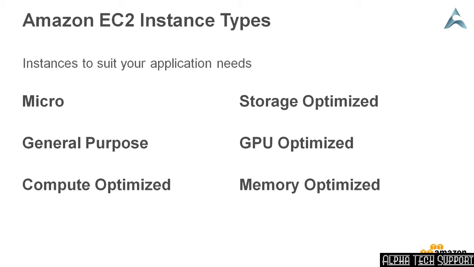Or if your application needs a huge chunk of data kept in RAM, memory optimized. Or otherwise, if you have not yet decided on either of them, you can choose general purpose. Or if you need a very low amount of storage, GPU or memory, then you can go with micro.